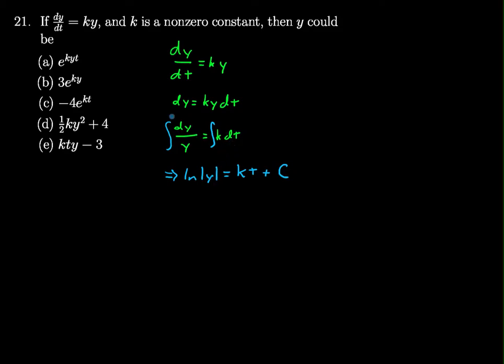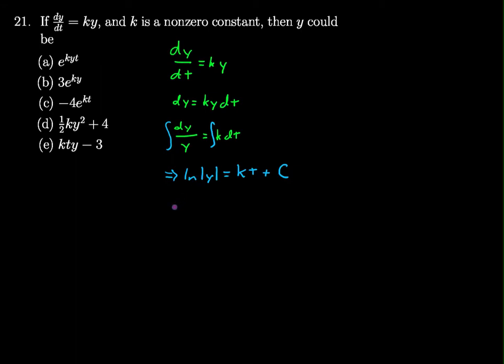Two things. I want to get y by itself. I want to see what y would be. I have this natural log, that's the first problem, and then I have these absolute values. So let's get rid of the natural log first, and we should know that I can get rid of the natural log by using the left and right hand side as the powers of e.